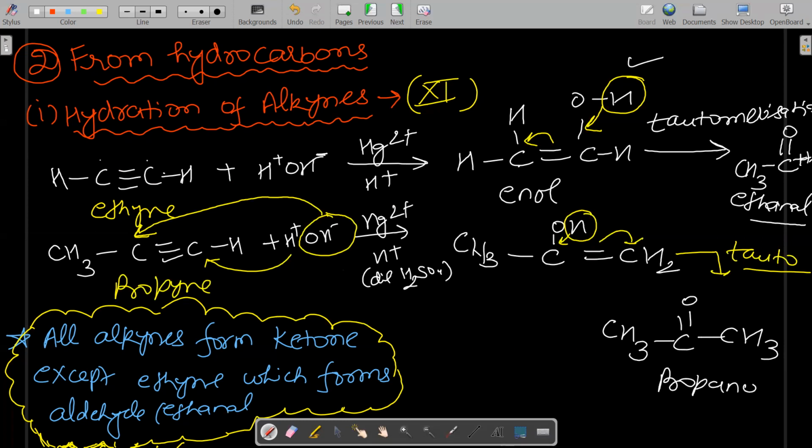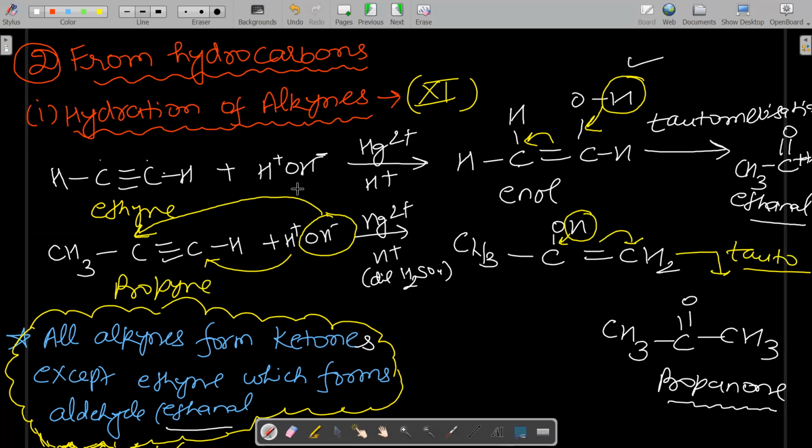So propyne to propanone. If in the exam it is asked to convert propyne to propanone, you can simply add water in the presence of mercuric and H plus catalyst. This is called an acid catalyzed reaction. What you are observing, I have even written over here: all alkynes form ketones, except ethyne, because only ethyne can form an aldehyde, that is ethanal.